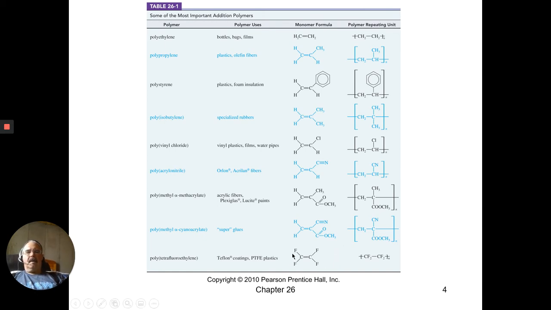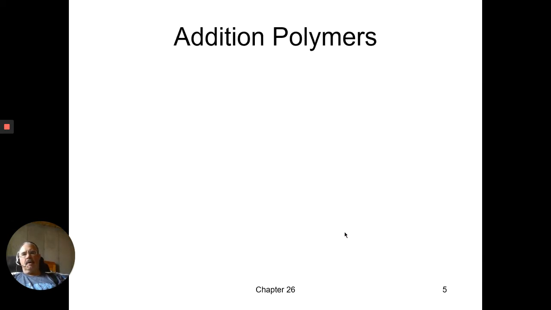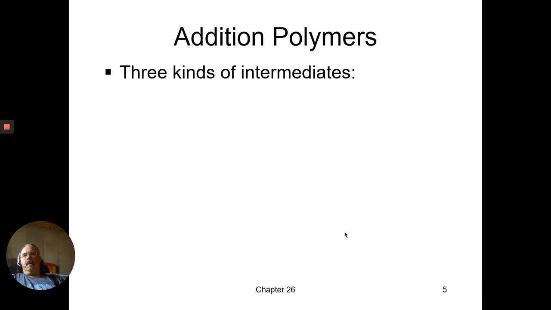And then polytetrafluoroethylene is Teflon. Teflon is a slippery material. The chains slide past each other. It's also chemically inert. Right, addition polymers have three kinds of intermediates.